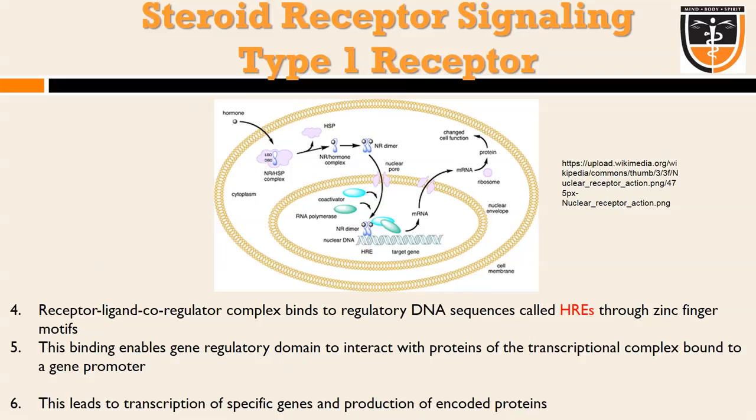Now the receptor-ligand co-regulator complex will bind to a regulatory DNA sequence that regulates DNA transcription, regulates the normal function of the genes. So it will bind to the HRE segment through zinc finger motifs. That's a specific type of attachment.